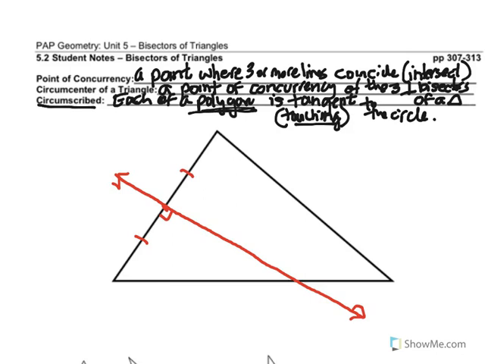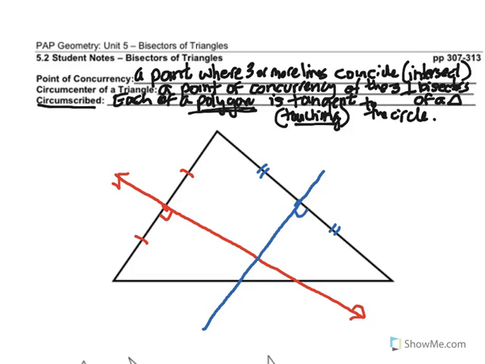Then we'll go to this side over here, and if we find the midpoint and then construct a perpendicular bisector, we go something like that. We would have a right angle, and this would be congruent with this.